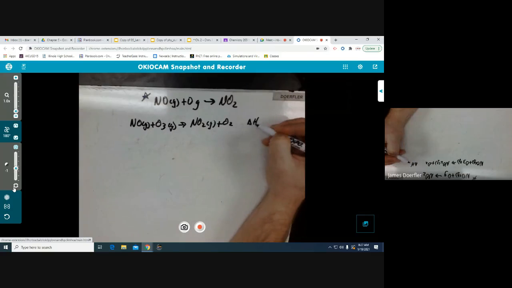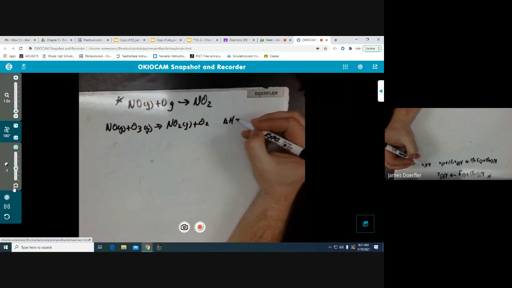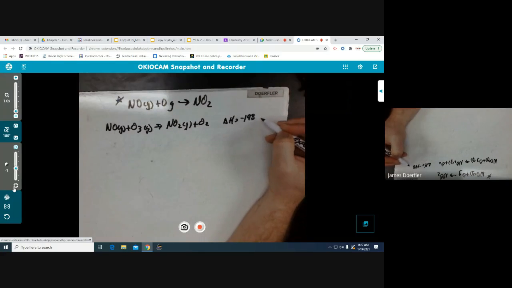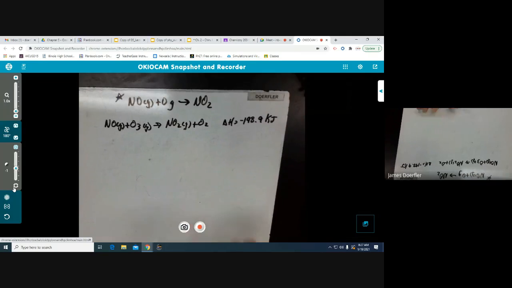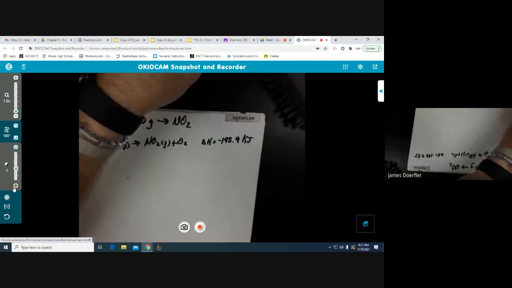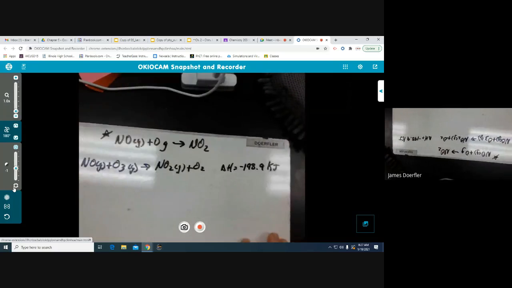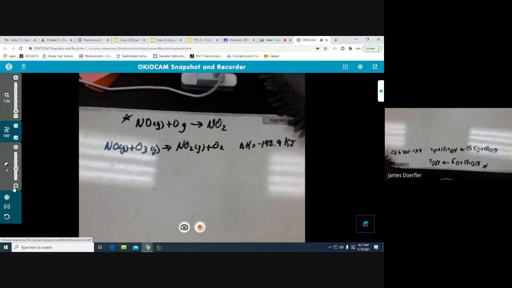And its delta H value is negative 198.9 kilojoules. Okay. Take a second to get that copied down.